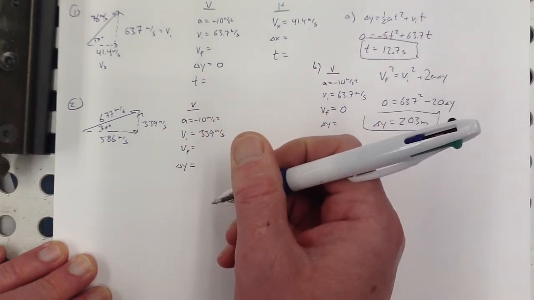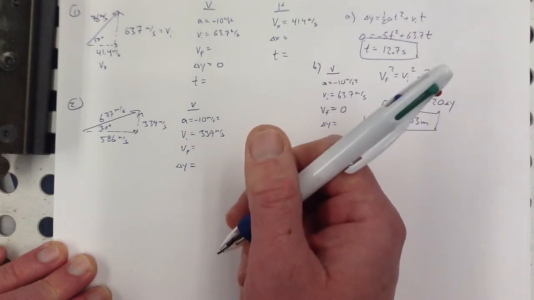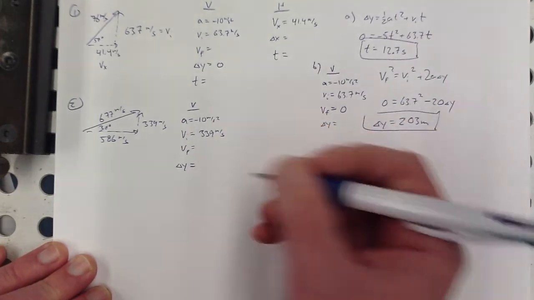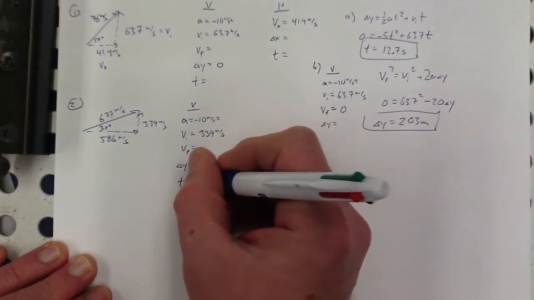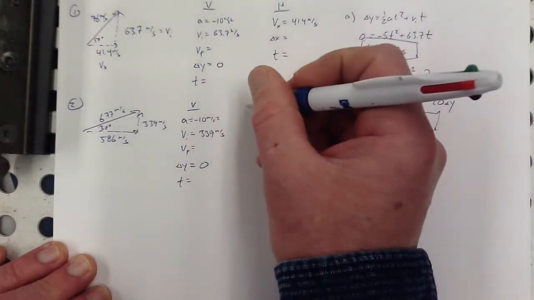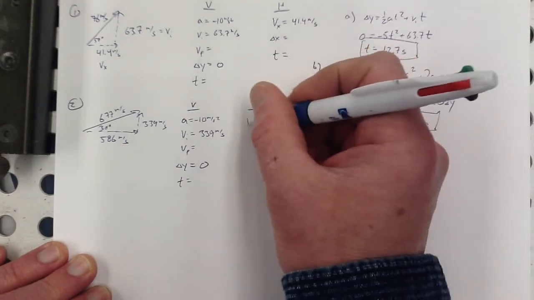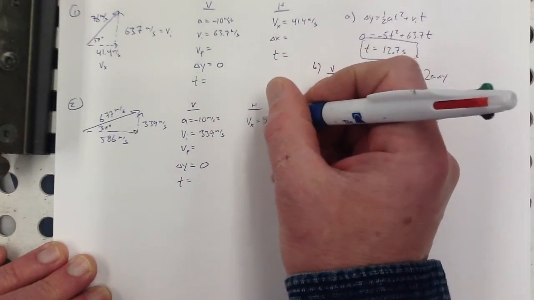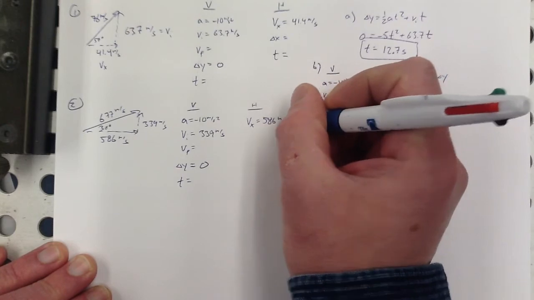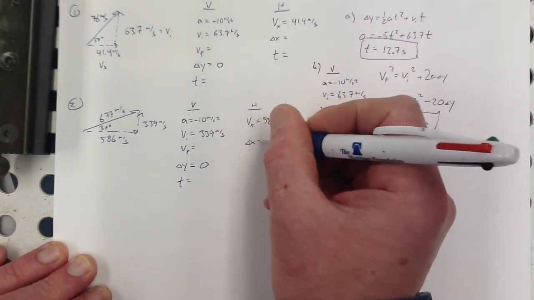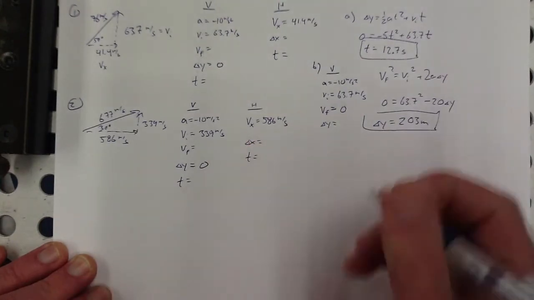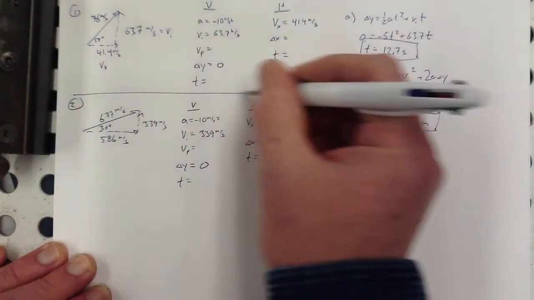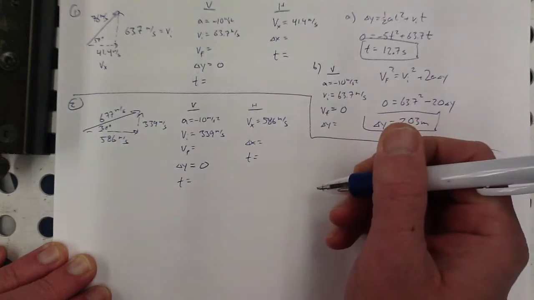Delta y, we're assuming, if it doesn't say anything about it being launched from whatever, then you just have to assume that it's ground to ground, so same as the last problem. And my horizontal Vx is 586, and I'm going to find the time over here, bring it over here, find the delta x, classic projectile motion problem.